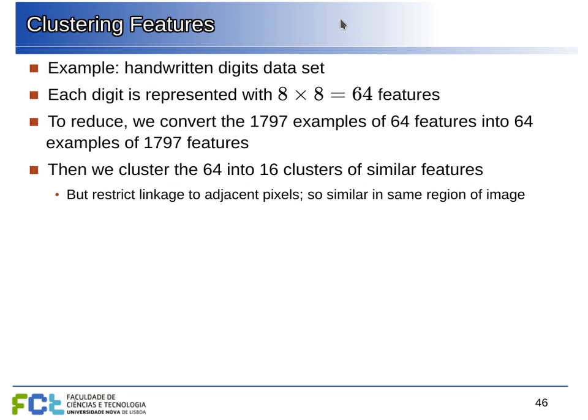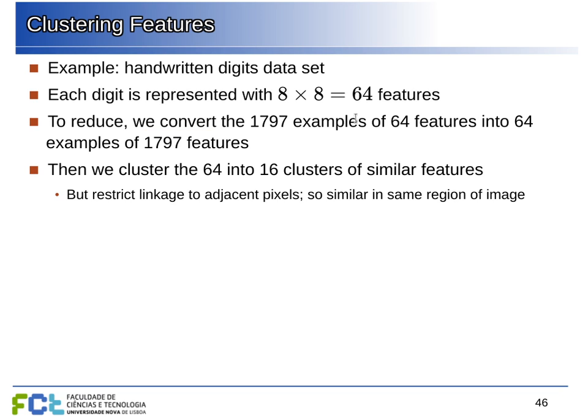We have 1797 examples of 64 features each, so 64 columns, but we can transpose that matrix and consider 64 examples, each one containing 1797 features.